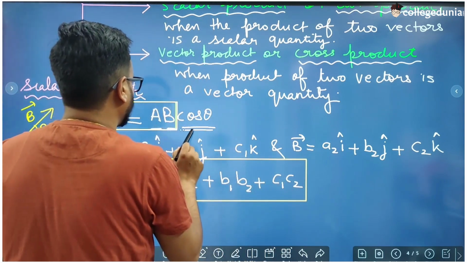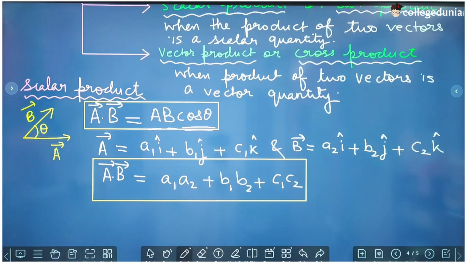So these are the two formulae to find the dot product of two vectors.